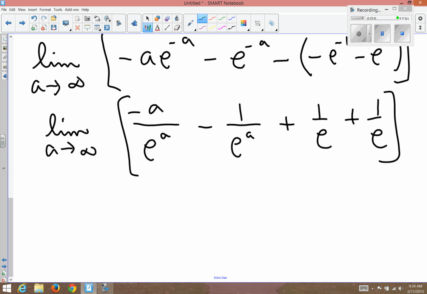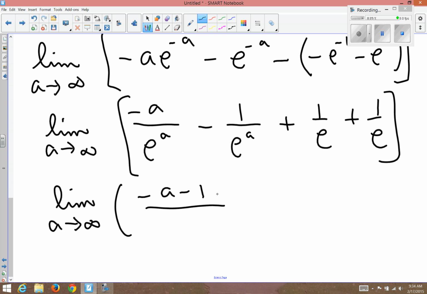Some of these fractions can be combined because they have the same denominator. The limit as a approaches infinity of negative a minus 1 all over this common denominator, e to the a, plus 1 over e plus 1 over e, that's 2 over e.